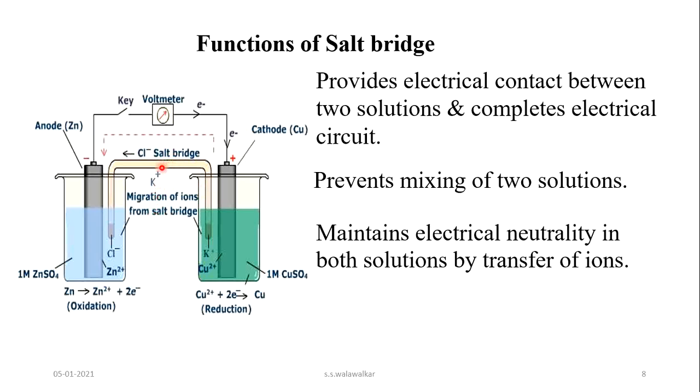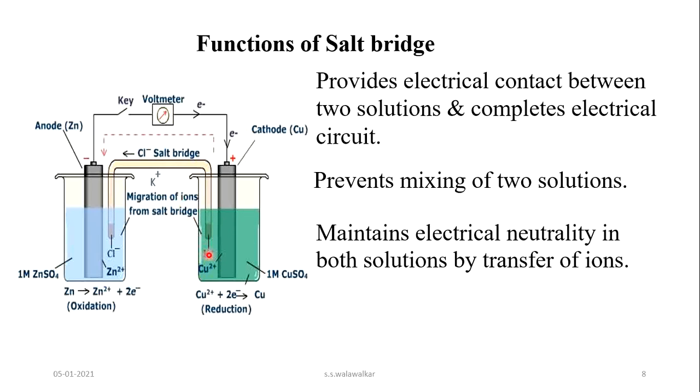You know that a salt bridge contains the inert electrolyte, with positive ions and negative ions. So when the cell works, what happens? The negative ions from this salt bridge migrate towards the anode compartment, and the positive ions of the salt bridge migrate towards the cathode compartment.